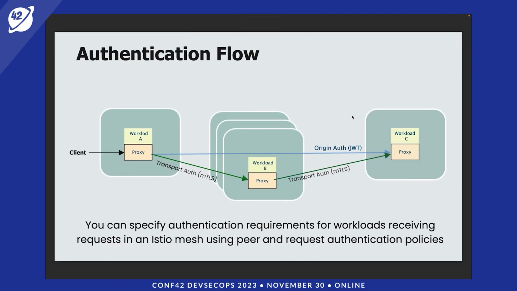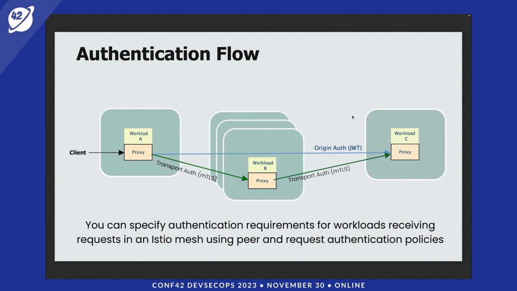And this is how mTLS and your request flow look within your Kubernetes application. On the left side we have workload A, in the middle workload B, and on the right side workload C. The client makes a request, and we can have different authentication policies for each workload.